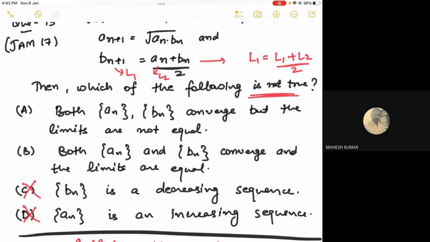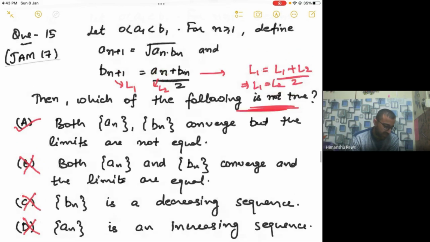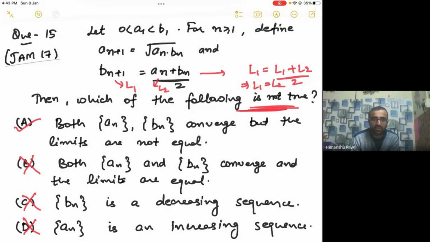This implies that L1 is equal to L2. So this implies that option B is also incorrect, because the question asks about which statements are not true. These types of questions will come, where the question asks about true or not true, so make sure that you choose the correct option.